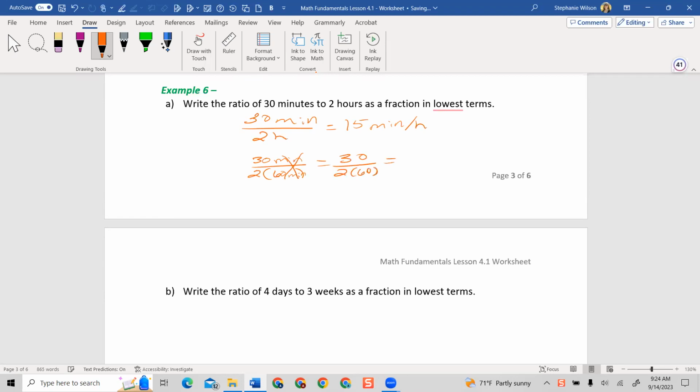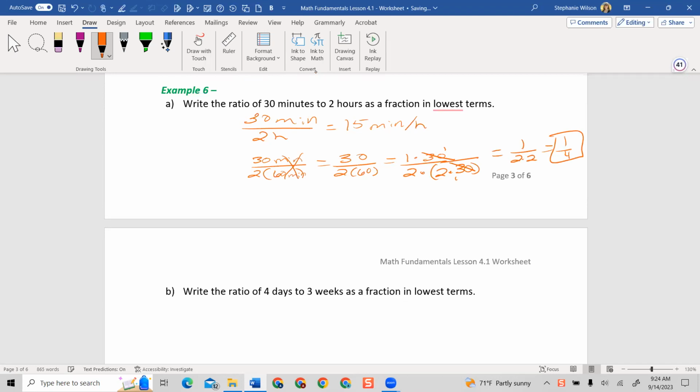And this will reduce. I get 1 times 30 over 2 times, in parentheses, 2 times 30. 2 times 30 is 60, right? So my 30s reduce one time, leaving me with 1 over 2 times 2, which is 1/4.